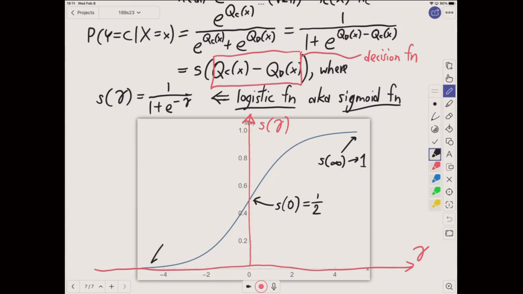Symmetrically, at the bottom left, when you go to negative infinity, in the limit, S approaches 0, but again, never truly reaches 0. And this function is monotonically increasing over its whole span from minus infinity to infinity.